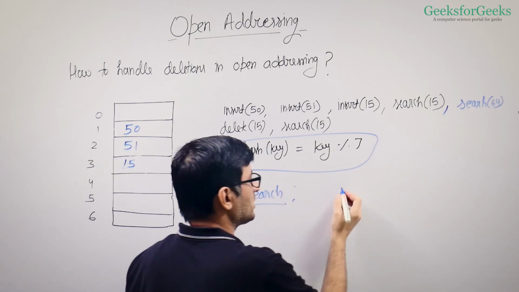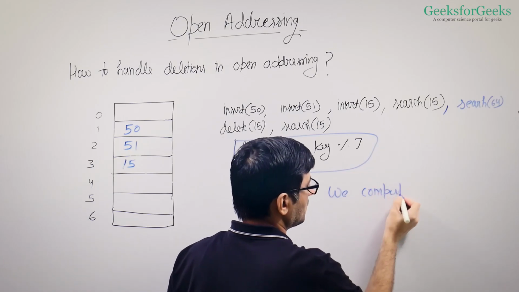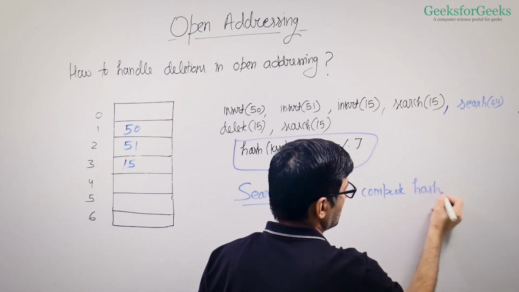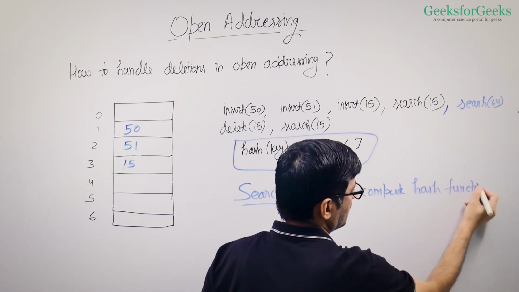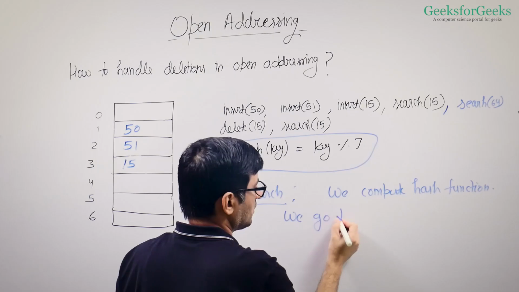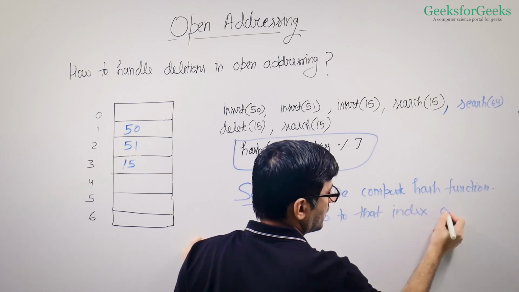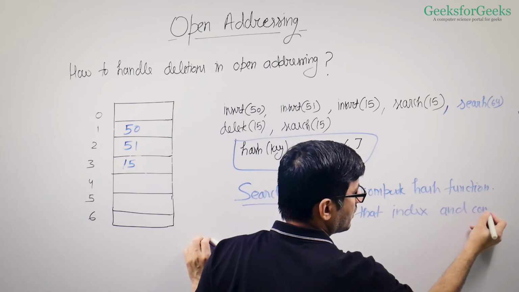That's how search works. We compute the hash function. We go to that index. And compare.